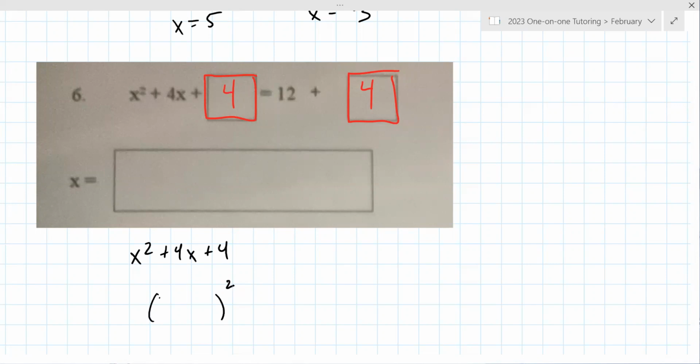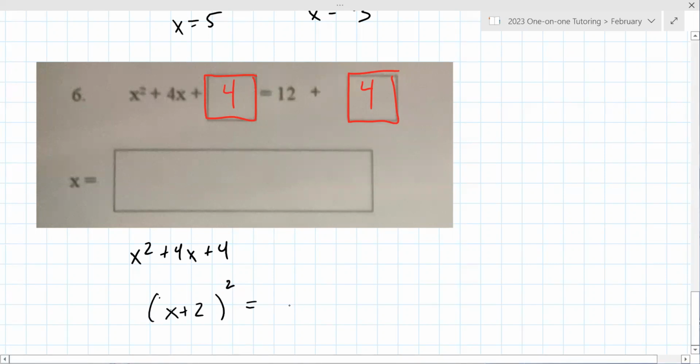X plus 2 squared equals... Why is it 16? Yeah. It took me a second to find on the paper where I had written it down.